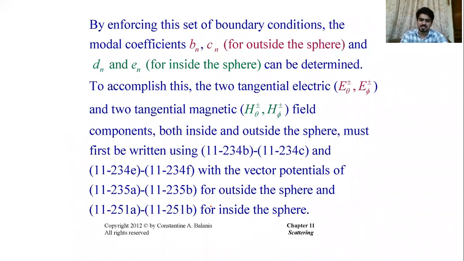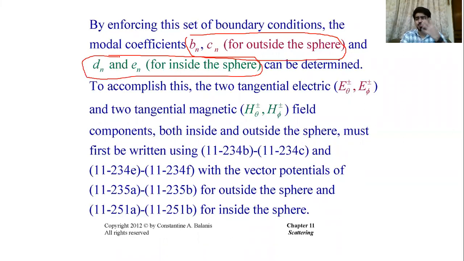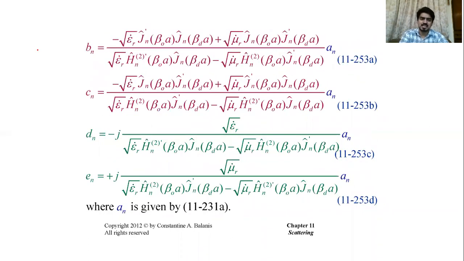When we apply those conditions, we will be able to find those unknown coefficients. For outside the sphere, for the potential we had unknowns Bn and Cn, and for inside we have Dn and En. So we have four unknowns, four equations, four boundary conditions, and when we solve that, these are the expressions for those unknown coefficients Bn, Cn, Dn and En.